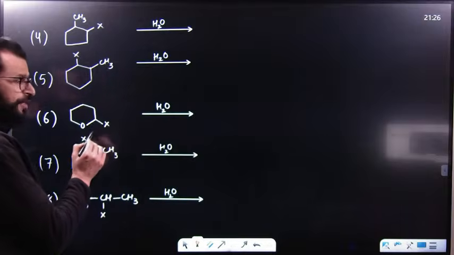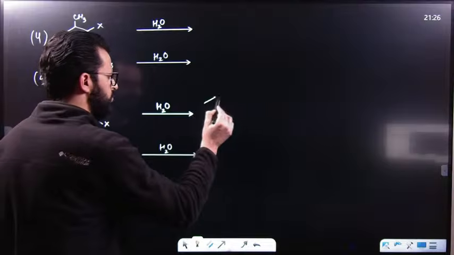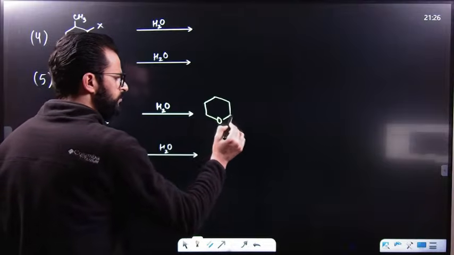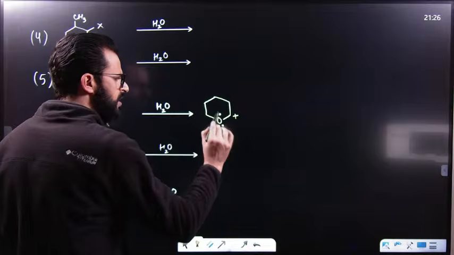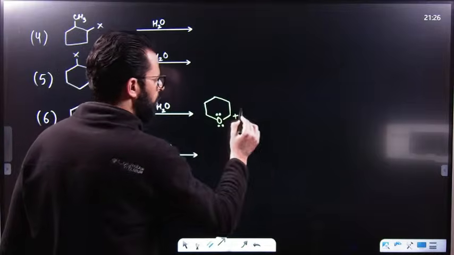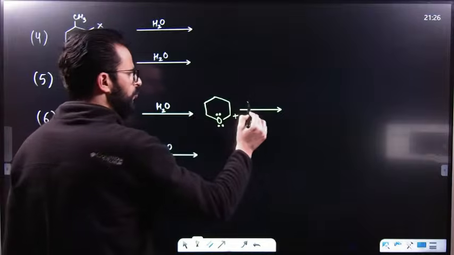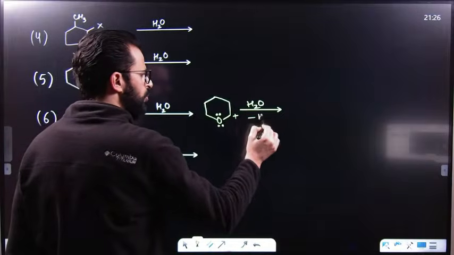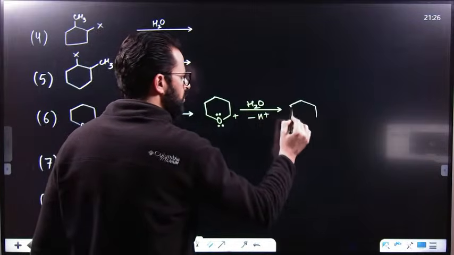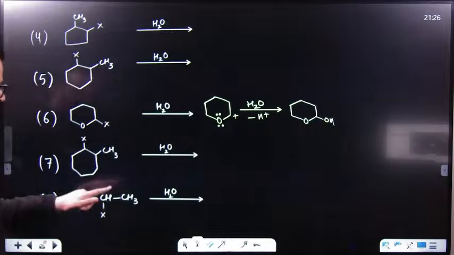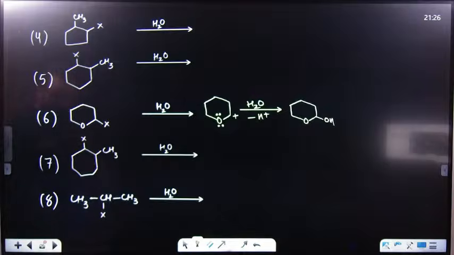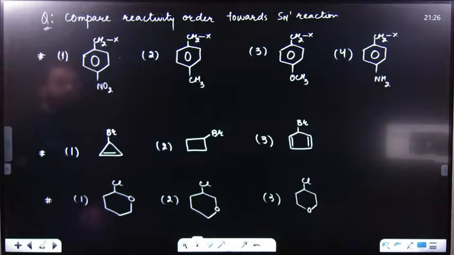If this C-X bond is broken, the carbocation is resonance stabilized or back bonding stabilized, so there will be no shift or rearrangement. After that water will attack and H positive will be lost, and this will be the product of this reaction. I want you to practice these questions. I hope you will answer them.